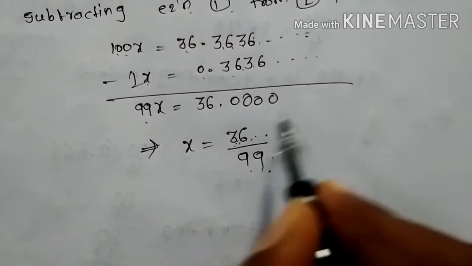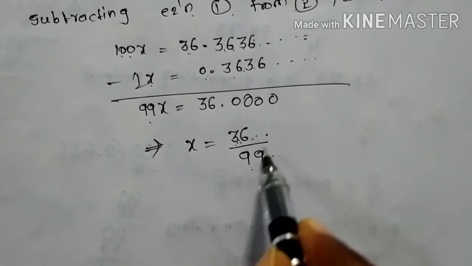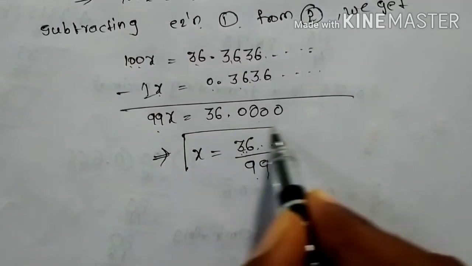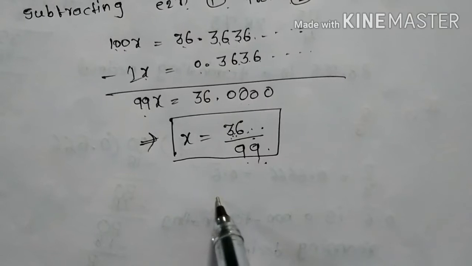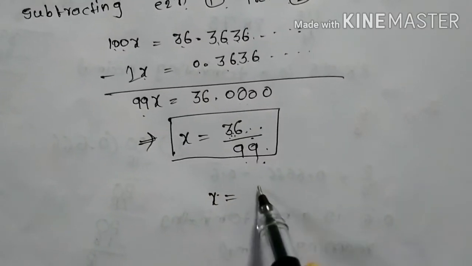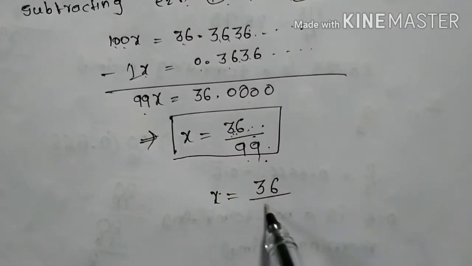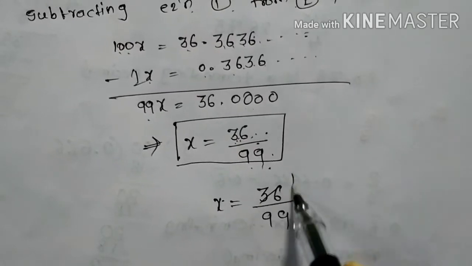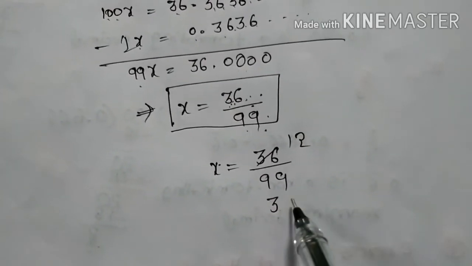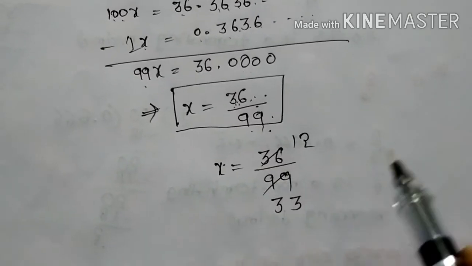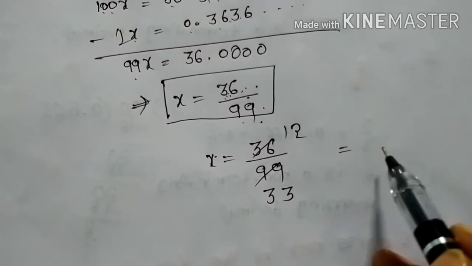That means can I simplify here? We have to simplify first of all. First, if you want, write x is equal to 36 by 99, or you can directly write, if we are simplifying 36 by 99, 3 ones are 3, 3 twos are 6, here 3 threes are 9, 3 threes are 9.